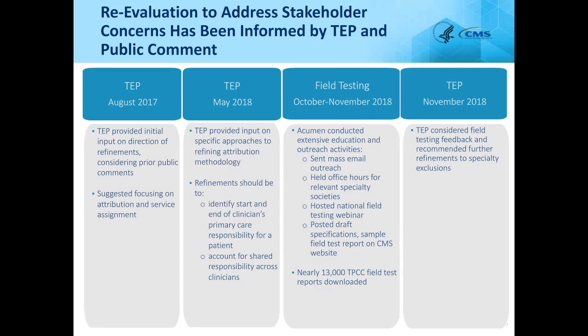Specifically, their guidance was to have refinements that should focus on identifying the start and end of a clinician's primary care responsibility for a patient, and account for the shared responsibility across clinicians in cases where that occurs. We took that input and put together a series of revisions to the TPCC measure, focusing on attribution, but refining other aspects of the measure as well, which we'll walk through briefly.